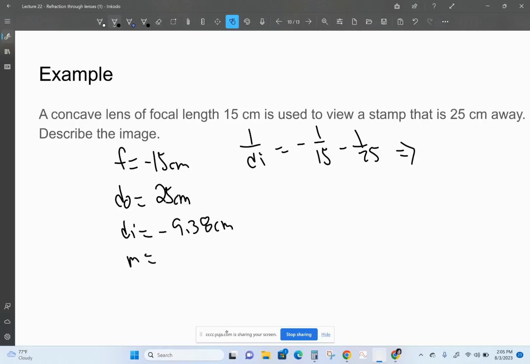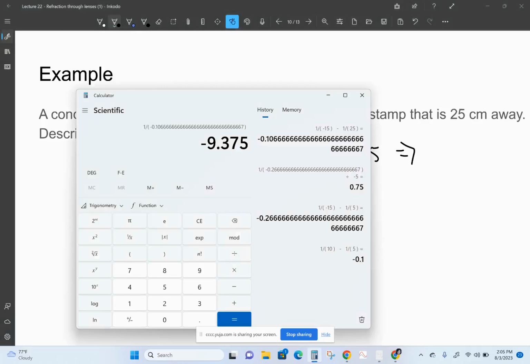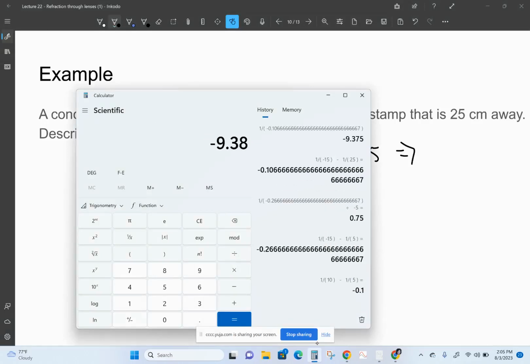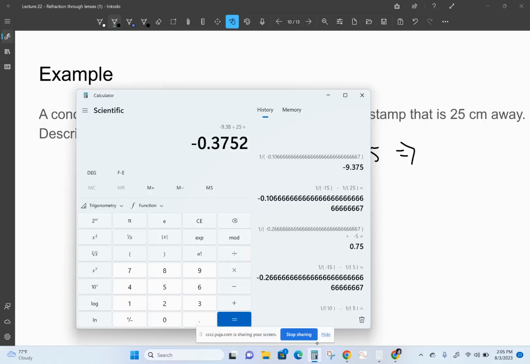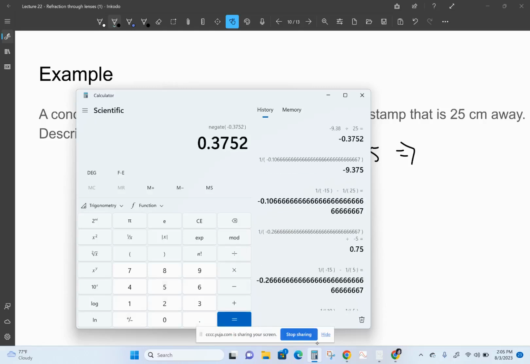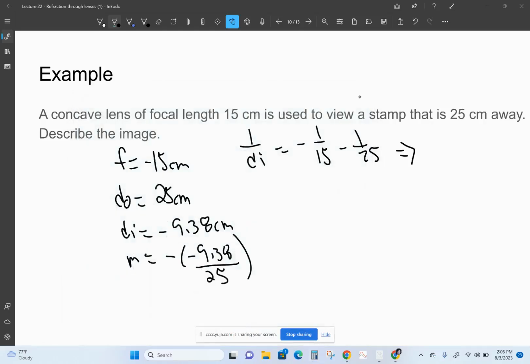And magnification is going to be negative times negative 9.38 divided by 25, equals 0.375.